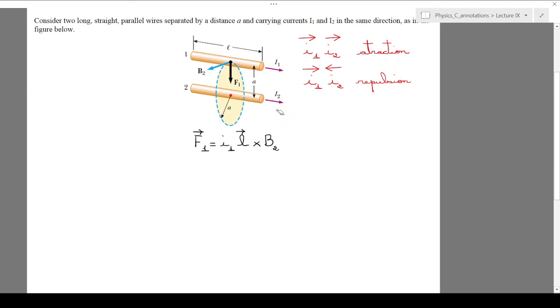So all you have to do is write those expressions here.